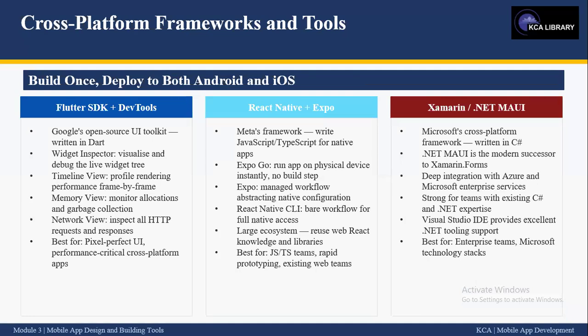React Native allows developers to leverage JavaScript and existing web development knowledge. Xamarin and .NET MAUI provide strong integration within the Microsoft ecosystem. These frameworks reduce development time and cost while maintaining acceptable performance levels.